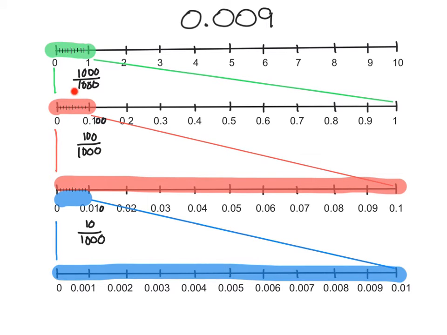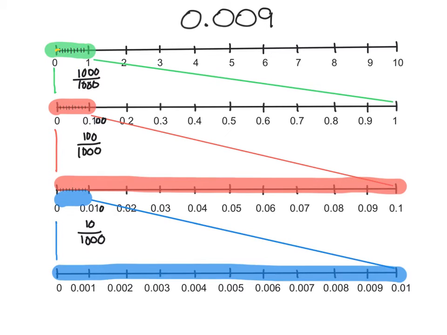Again, I'm going to go ahead and write 1,000 thousandths here for 1, so it's easier to see where 9 thousandths goes. And since this is 1,000 all the way to here, the 9 thousandths again is going to be way back here, somewhere between the 0 and the first tick mark. So it's going to be kind of hard to see.